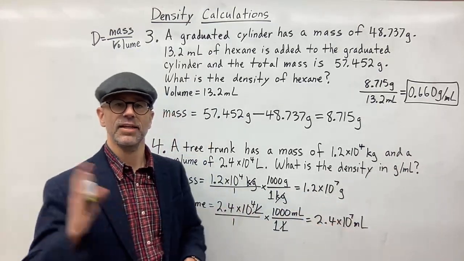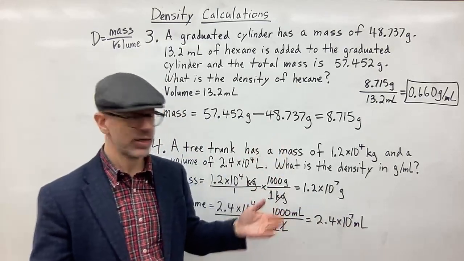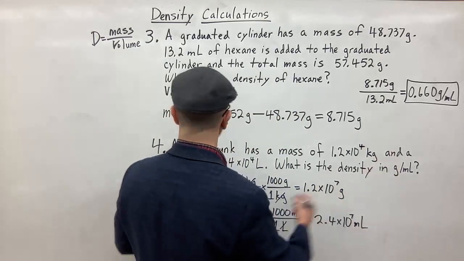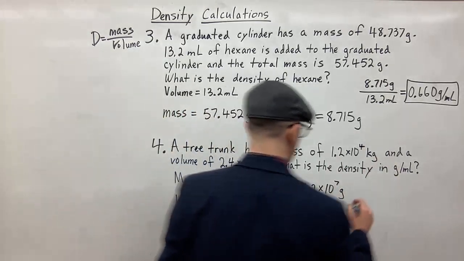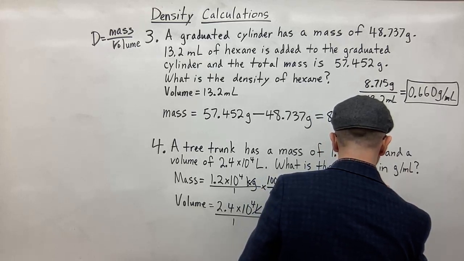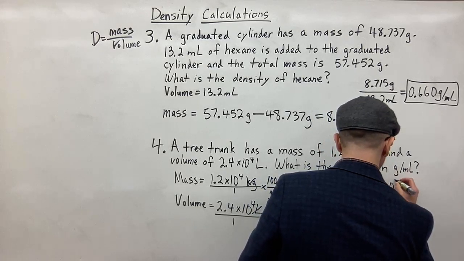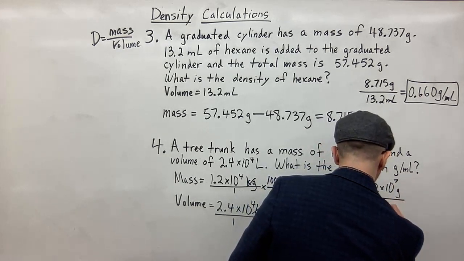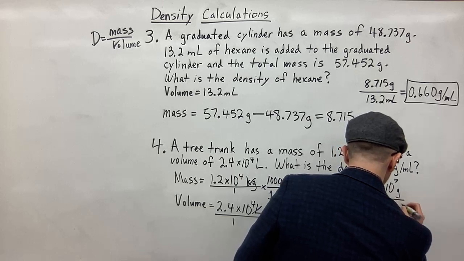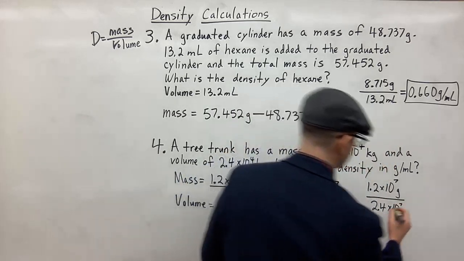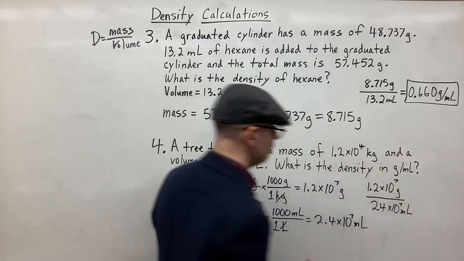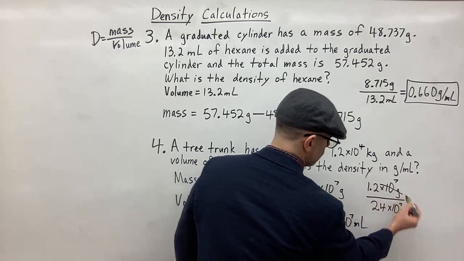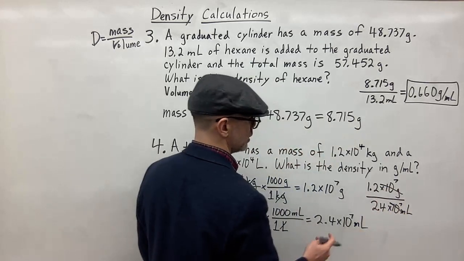So you can already see it's times 10 to the 7 over times 10 to the 7. When I divide these, the times 10 to the 7 is just going to cancel out anyway. So let's go ahead and do this. Density is mass over volume. So I'm going to take the 1.2 times 10 to the 7 grams divided by 2.4 times 10 to the 7 milliliters.